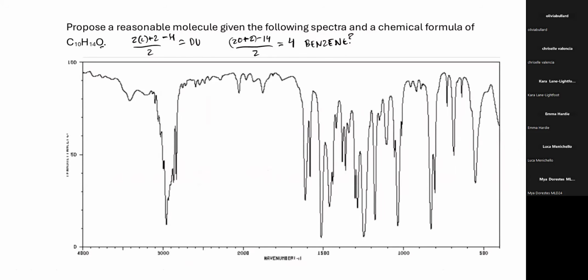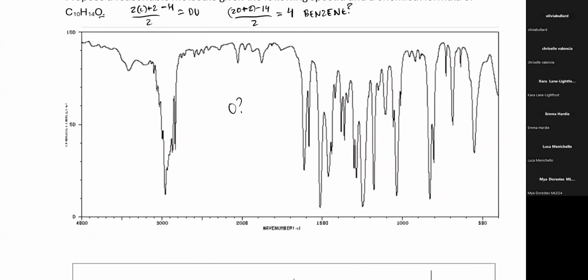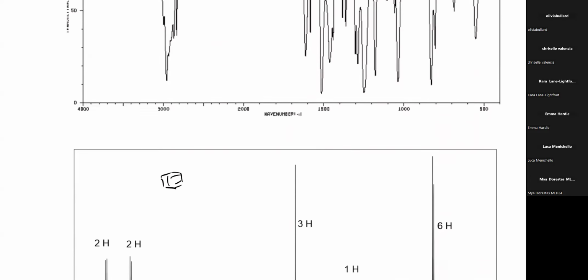Because I do have an oxygen, I have to decide what it is. I don't see an obvious OH peak. So I'm not quite sure what's going on with this oxygen. If I have a benzene ring, well, then I can't have a carbonyl, right? Because I only have 4 degrees of unsaturation, and a benzene takes all 4 of those. So what am I doing with my oxygen? It's not an OH.